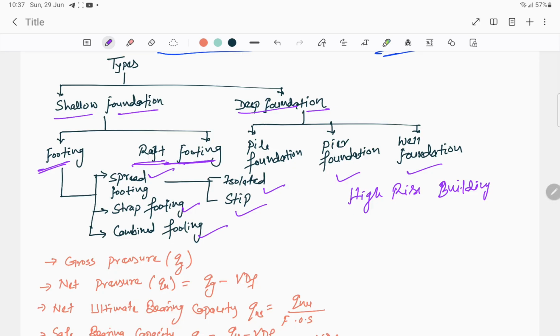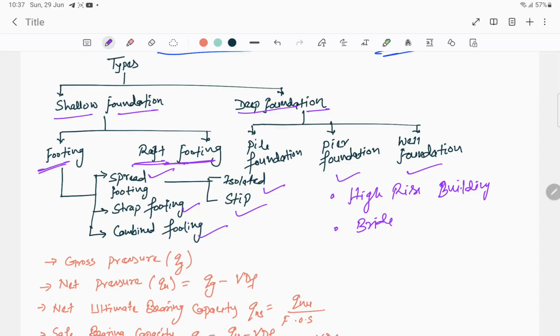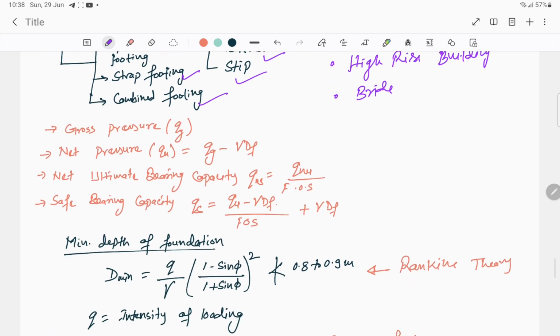Below that we can use this deep foundation for high rise buildings. Other is bridges; in case of bridges, foundation of bridges. There are so many types of pile, that is end bearing pile and friction pile, which we'll discuss in a later part of this lecture. Now come to the bearing capacity calculation.